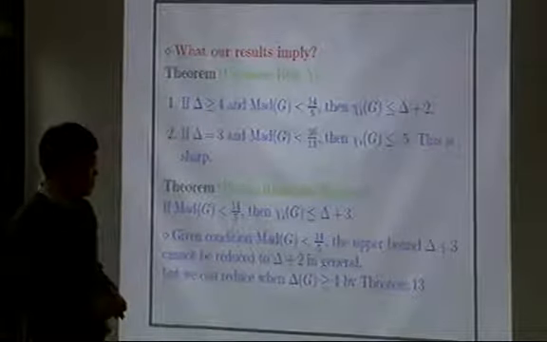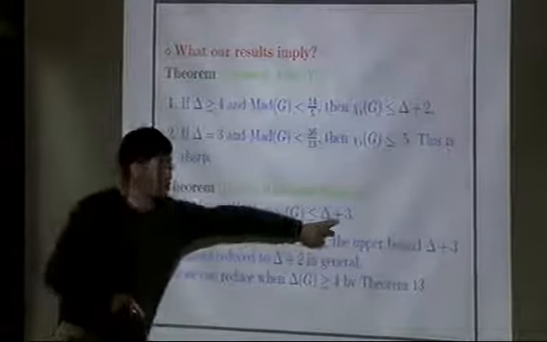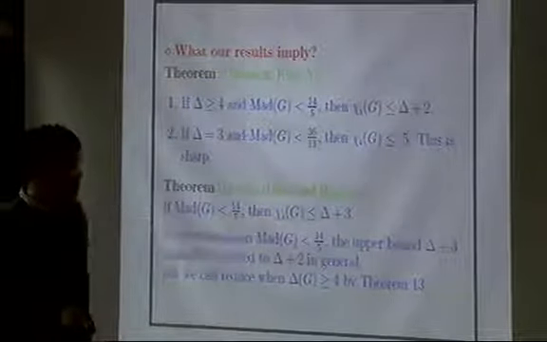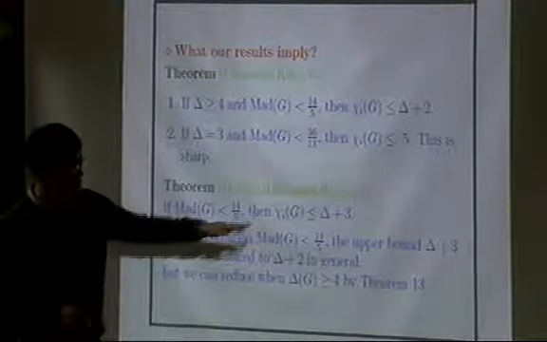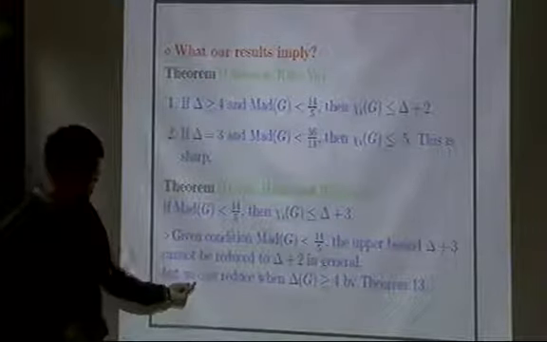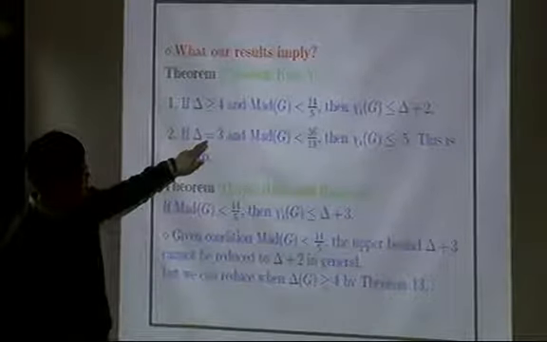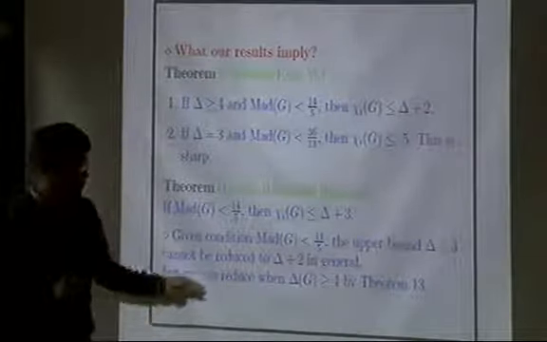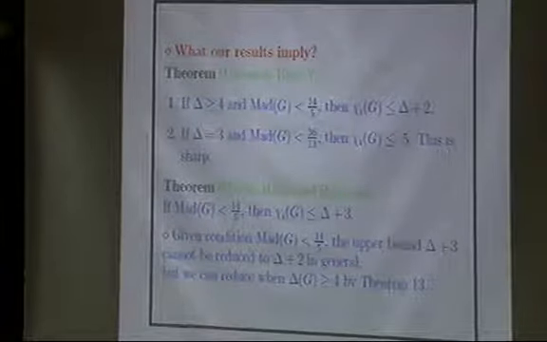So our question is, if you have the same condition, can you reduce this upper bound? Then we tried to reduce the upper bound. Finally, it turned out we cannot reduce the upper bound in general because of delta 3. But we can reduce the upper bound when delta is at least 4. This is the meaning of our result.